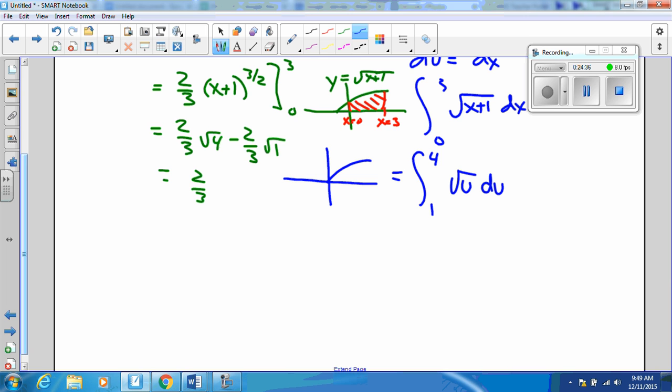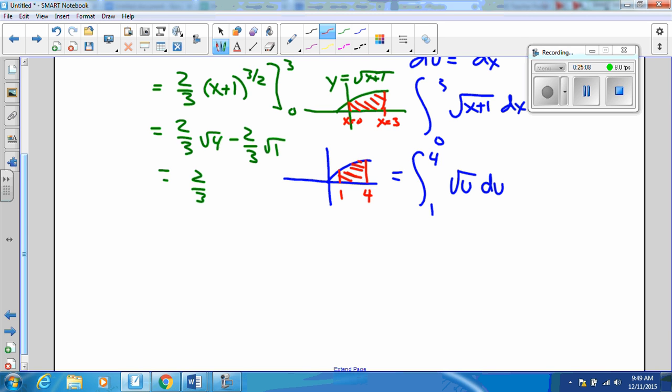And instead of integrating from 0 to 3, it now integrates from 1 to 4, which just happens to be the same region shifted over. If I were to integrate from 0 to 3, I would integrate a region with a different area. Now, the new substituted region and the old region do not always have the same shape, but they will always have the same area. Does that make sense? Okay.